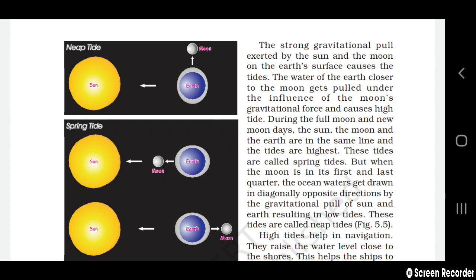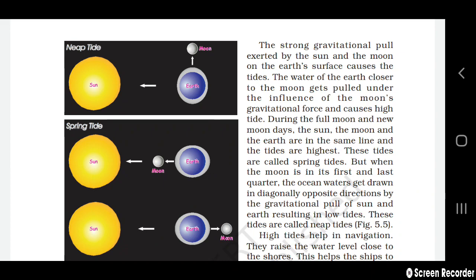During a lunar eclipse or solar eclipse, there may be high or low tides, because when the moon comes near the sun, the gravitational force increases and the tides get higher.